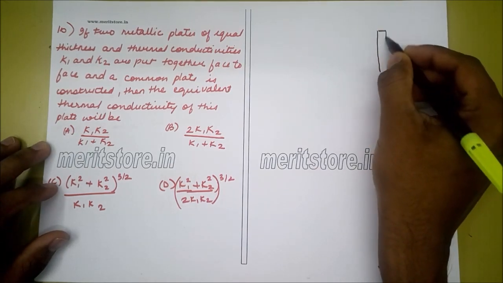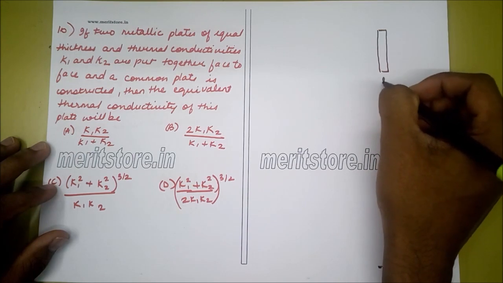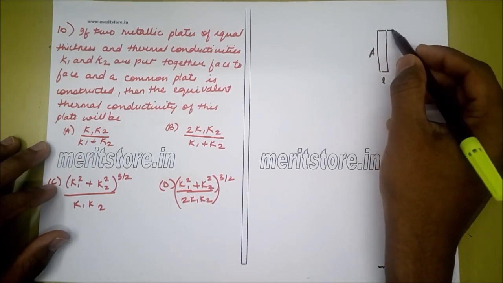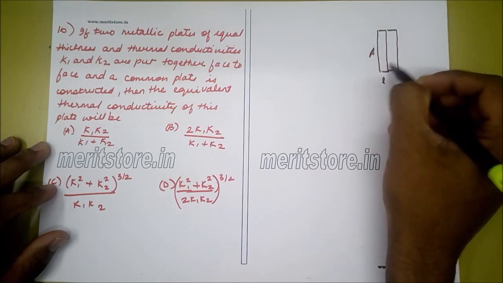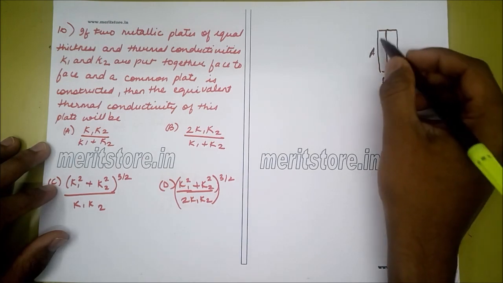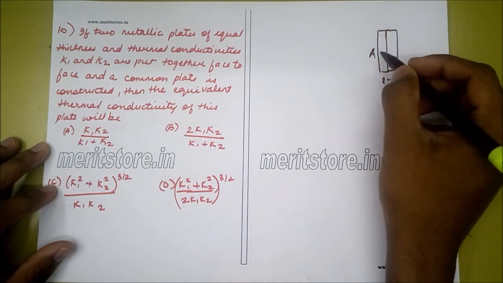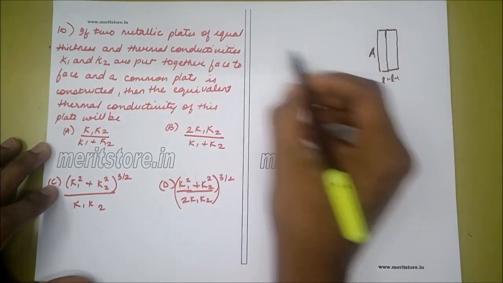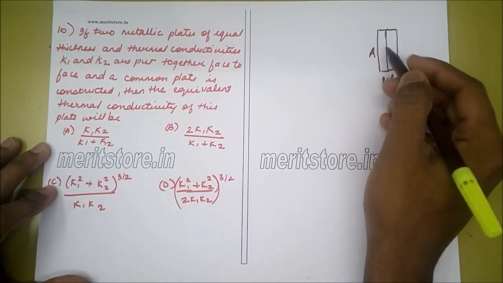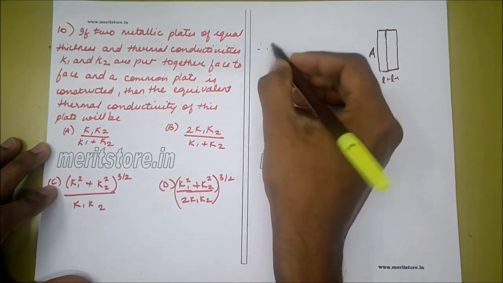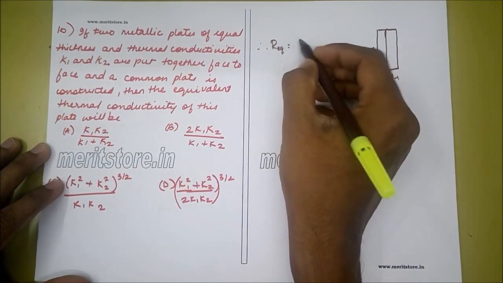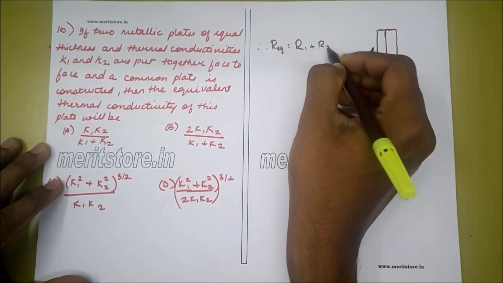Suppose this is one plate having thickness, let's say L, and area of cross section A. This is fused with another plate which also has a thickness, let's call it L again, and A is the area of cross section. Now these both plates together give a series combination. So in series, the equivalent thermal resistance is the addition of individual resistances.